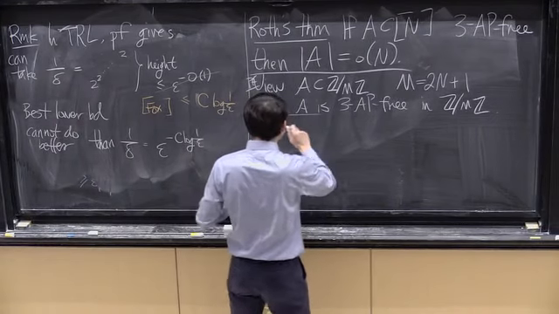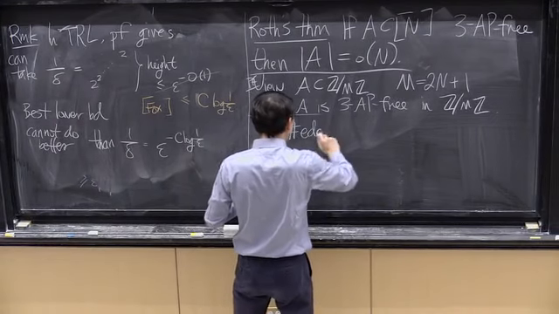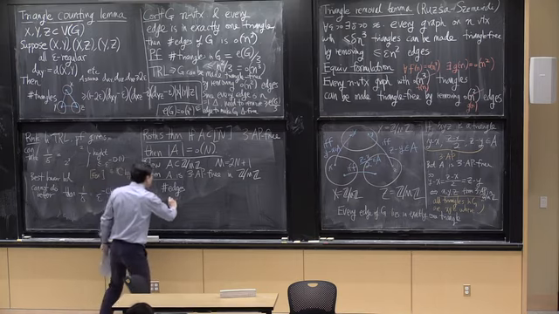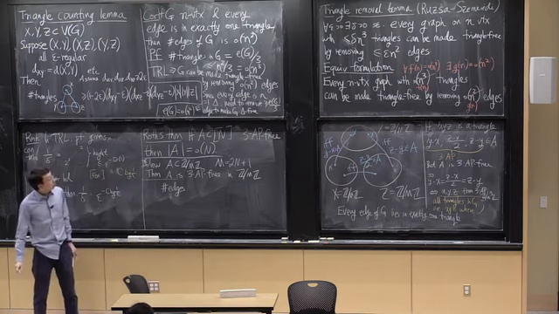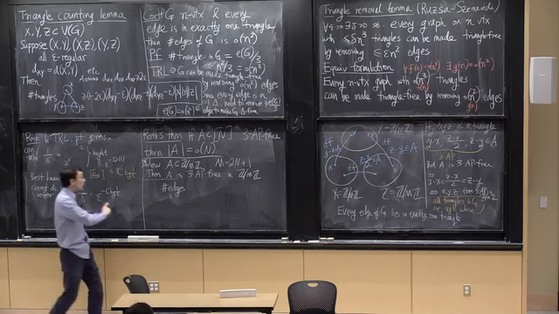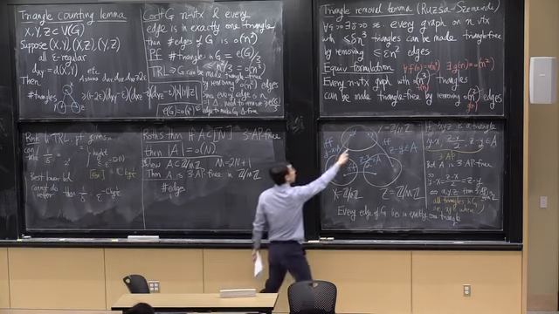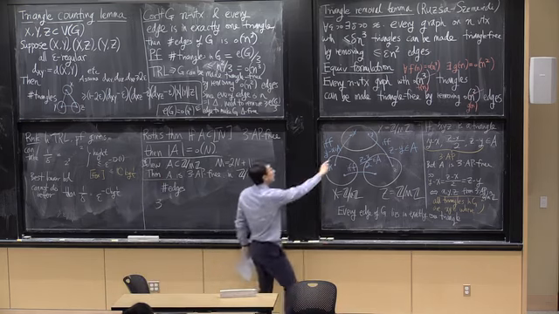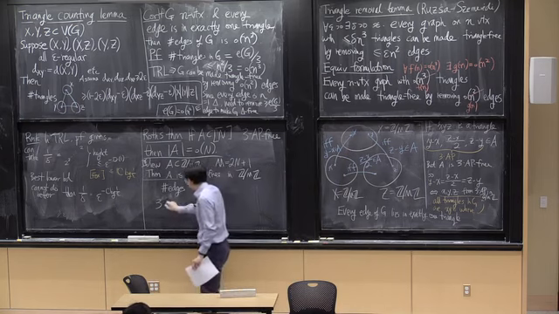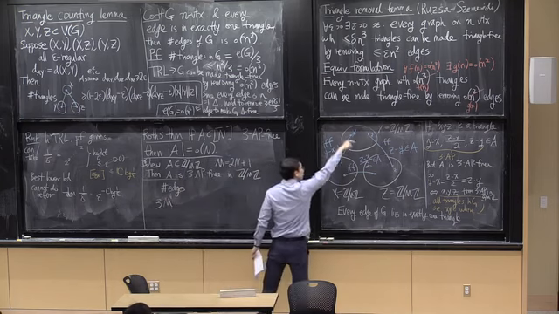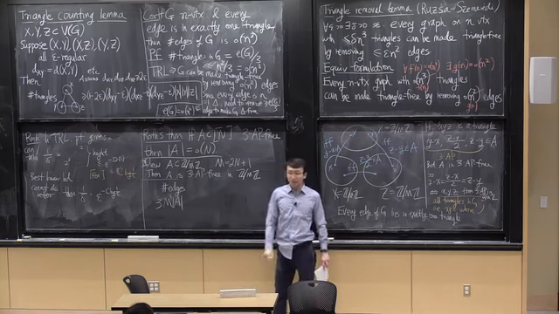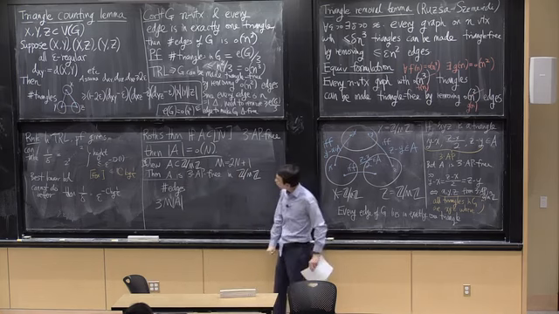Well, how many edges are there? On one hand, we see that because it's a Cayley graph, there are 3 parts here, and in each of the 3 parts, if I start with any vertex, I have |A| edges coming out of that vertex to the next part by the construction.